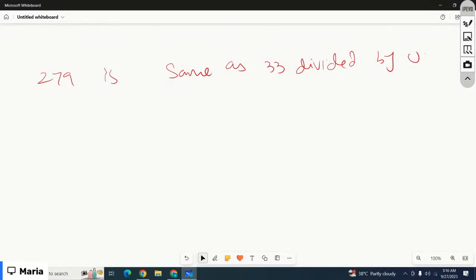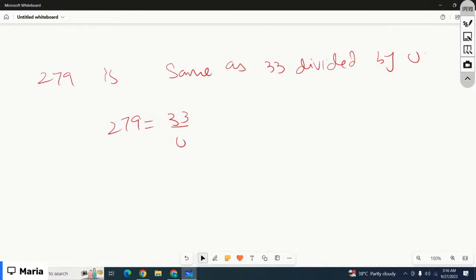If you know the answer, you can please write down the answer in the chat box. How do you know what the equation is then? It would be 279 equals 33 divided by u, right?